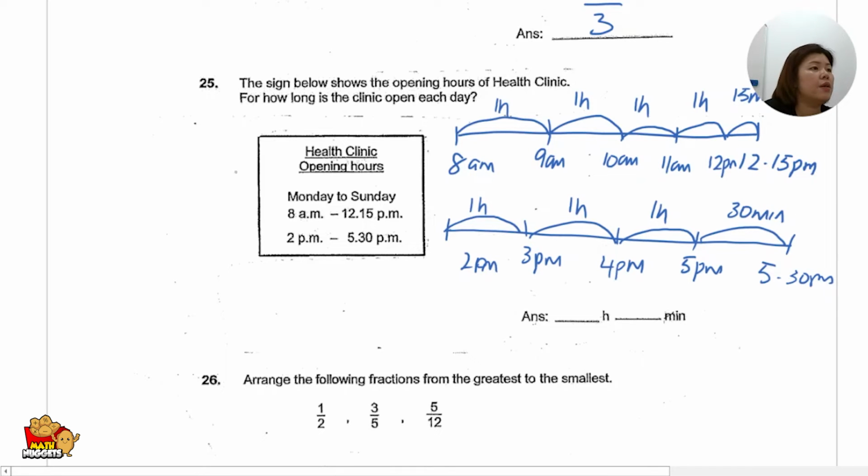So it's 4 hours plus 15 minutes plus 3 hours plus 30 minutes, which equals 7 hours and 45 minutes. Okay, let's move on.